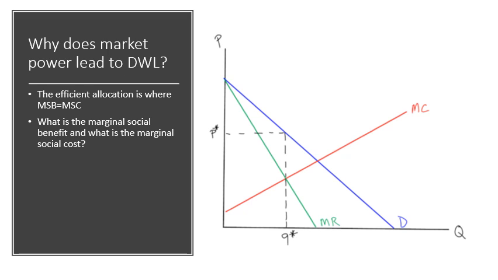So the efficient allocation would be the intersection of the marginal cost and demand curve, or a regular market outcome, but that's not where we are. Because this is a monopolist market, we're producing at Q star, the intersection of the marginal revenue curve and the marginal cost curve. So prices are too high, quantity is too low relative to the efficient outcome, which leads to deadweight loss.